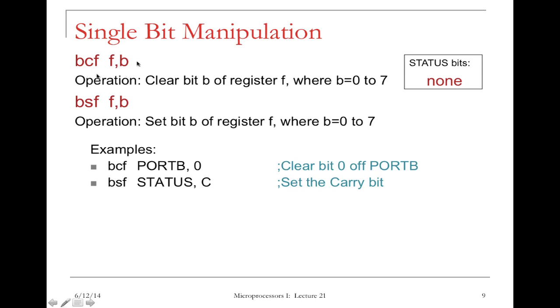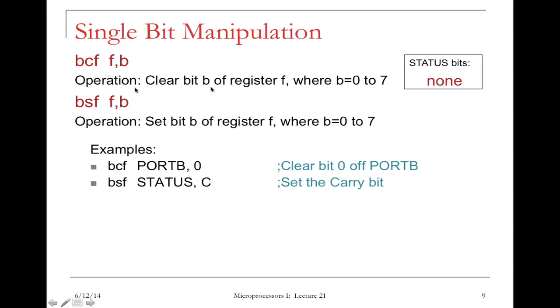This is just a template. BCF is the one you need to use. This f will eventually be replaced with a real variable, either name or address. And this b, lowercase b, has to be a number from 0 to 7 because we only have 8 bits.